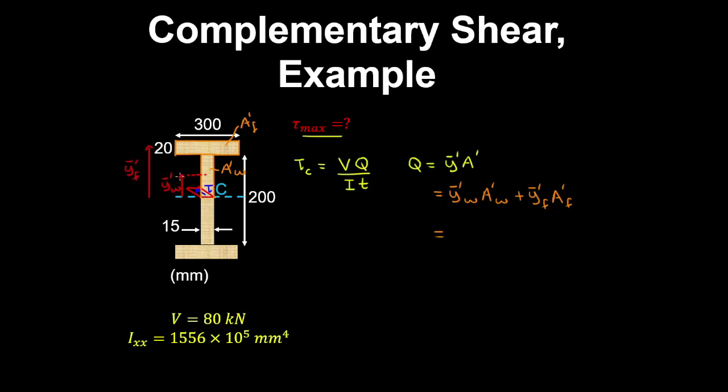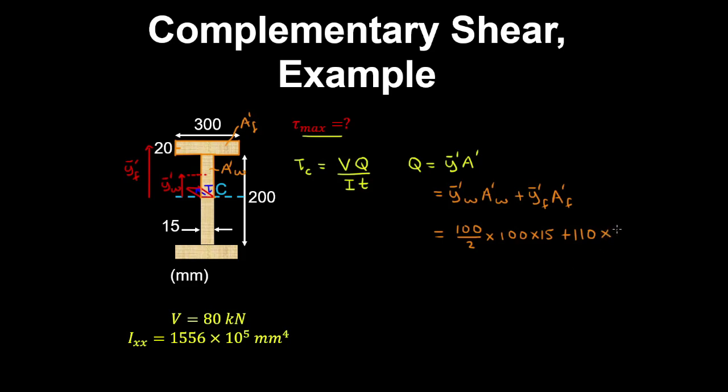So y bar dash web is simply the height of this upper half of the web divided by 2. Multiply by the area of that web. So that would be 100 by 15 millimeters. And plus y bar dash of the flange, which is 100 millimeters plus 10 millimeters to the centroid of that flange.